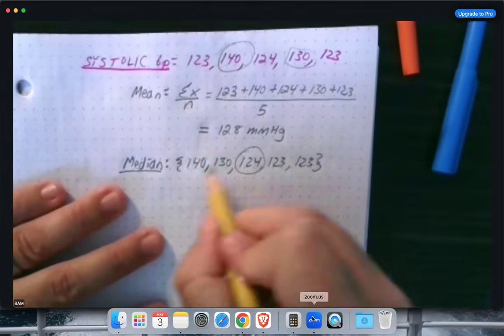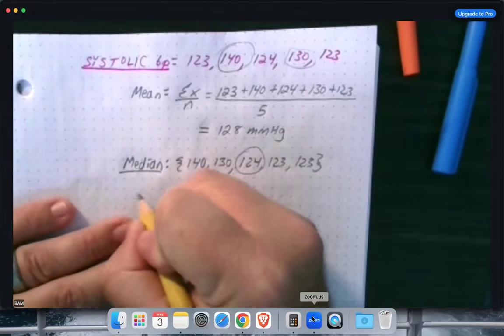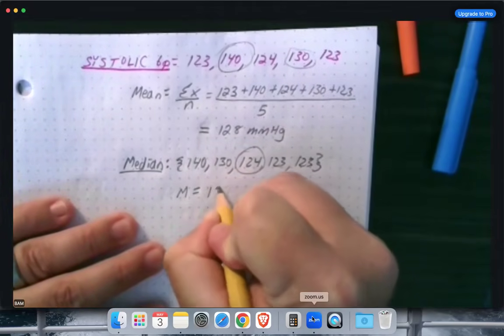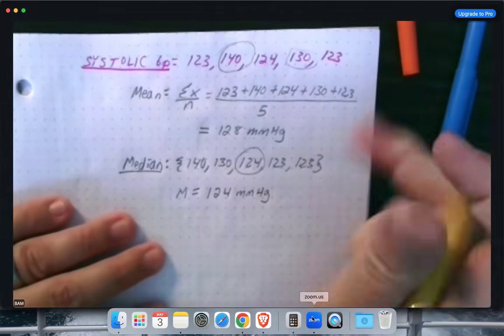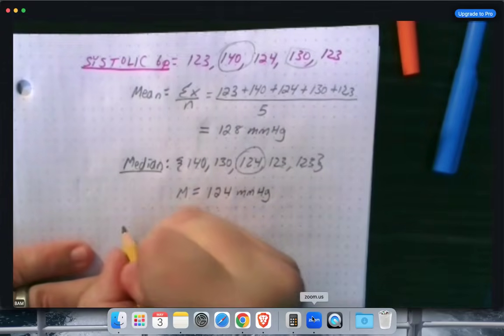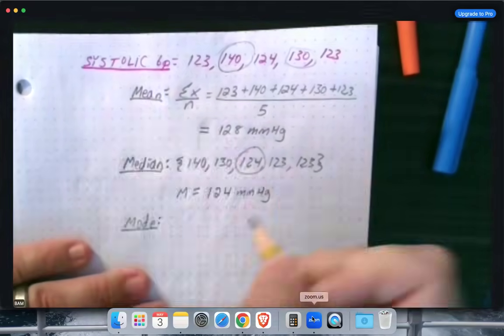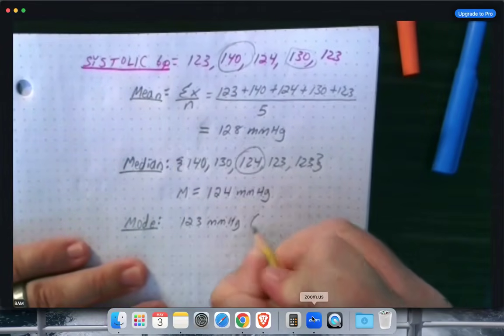So the median is the middle number because I have an odd number. The median is 124 millimeters of mercury. The mode, remember that's what happens the most. It's 123 millimeters of mercury, unimodal.